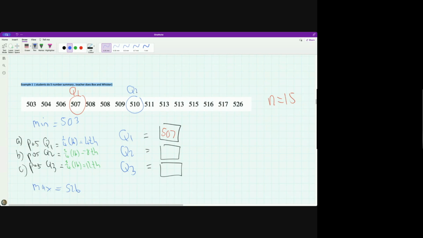So that's going to be Q2. And Q3, 9, 10, 11, 12, is going to be here. So Q2 is 510 and Q3 is 515.